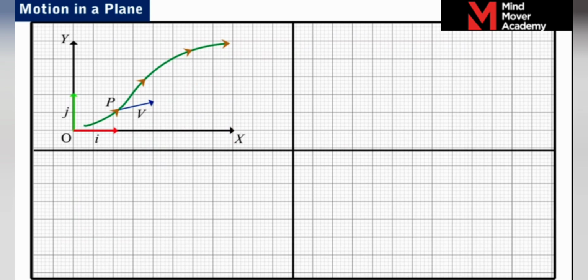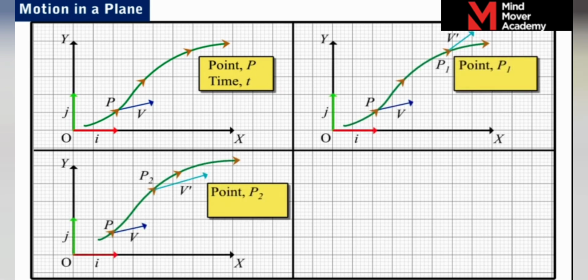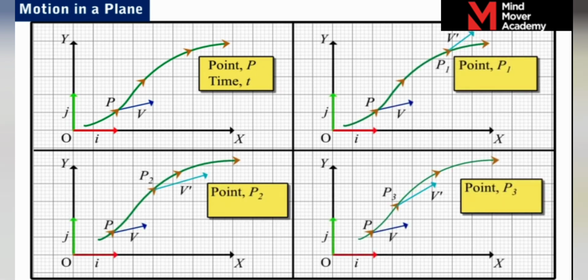Consider the body moving, located at point P at time t. P1, P2 and P3 are its positions after time delta t1, delta t2 and delta t3 respectively. The velocity vectors at points P, P1, P2 and P3 are drawn.